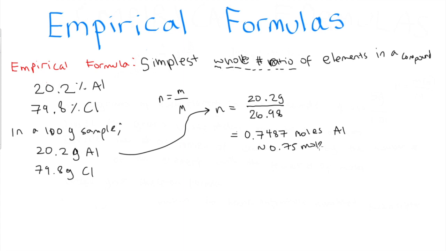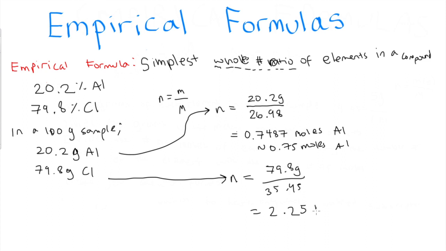As for chlorine, we could do the same thing again. This time, the number of moles equals 79.8 grams over the molar mass of chlorine, which is 35.45. And so this gives us 2.25 moles of chlorine.